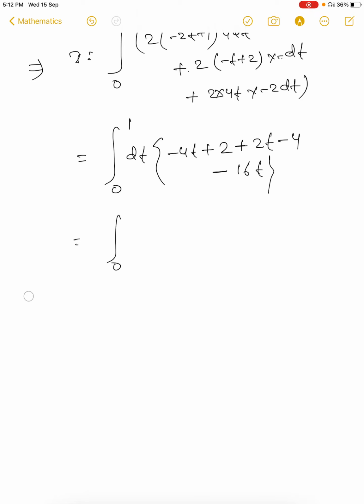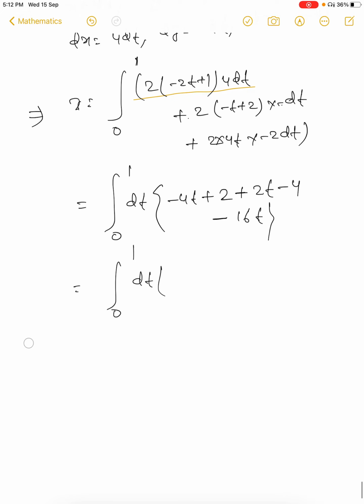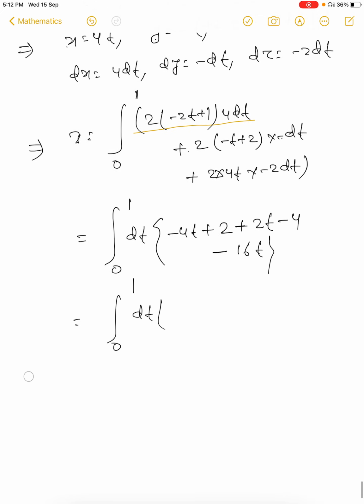Oh, here is the 4 also. Then you will get the 16 or 8, so 16 and 16, 30. Then here will be the minus 30t plus 4 dt.